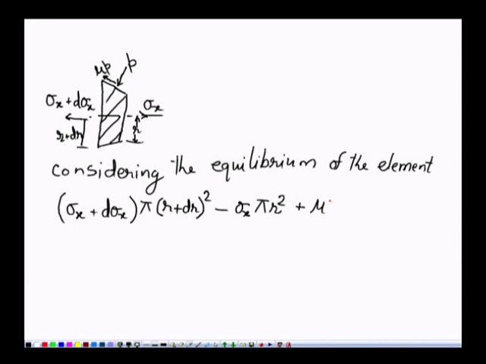So, mu p into 2 pi r, that is the circumference, and for the small area, if this is dx, the total length would be dx upon cos alpha.